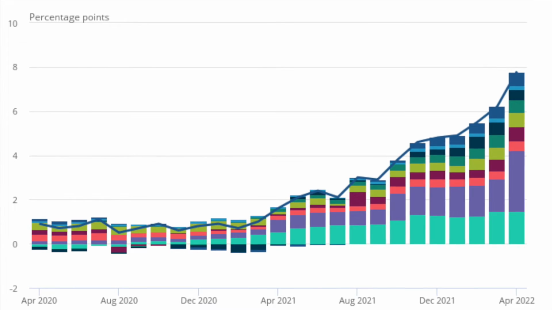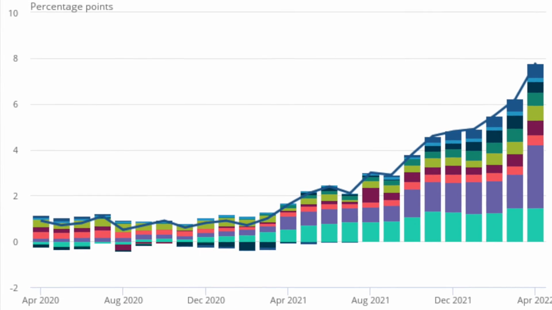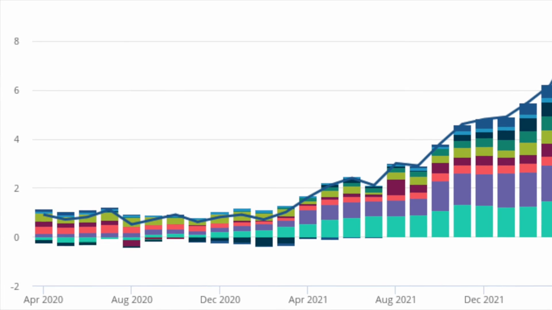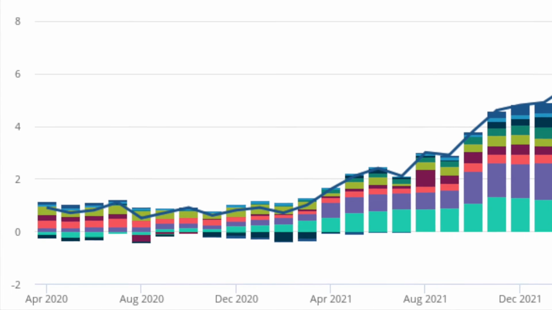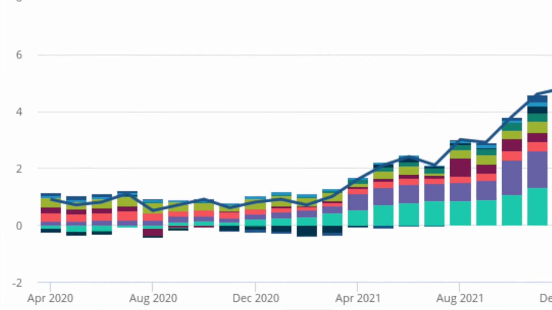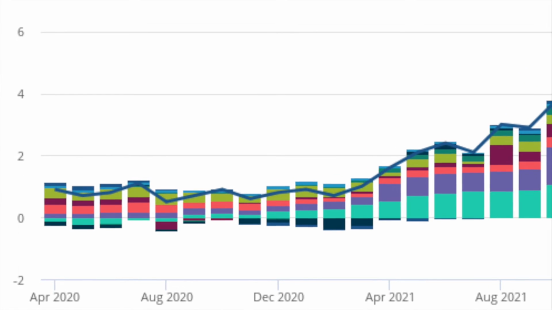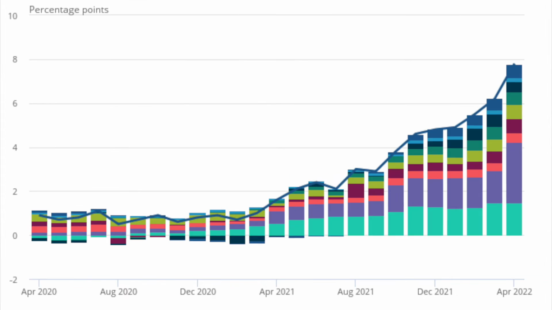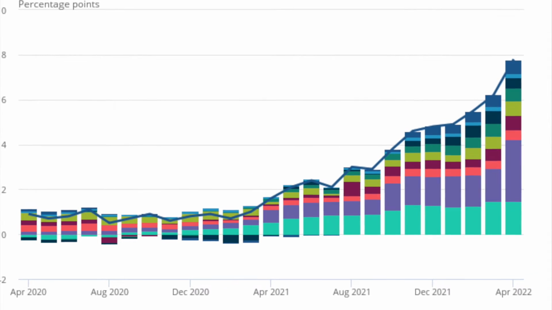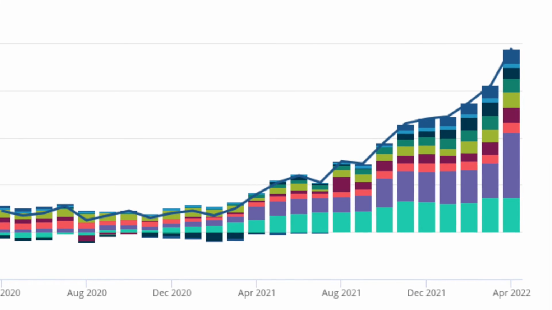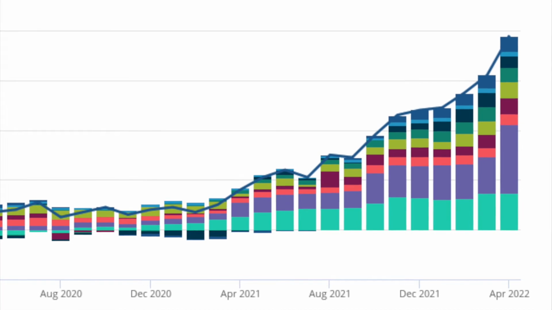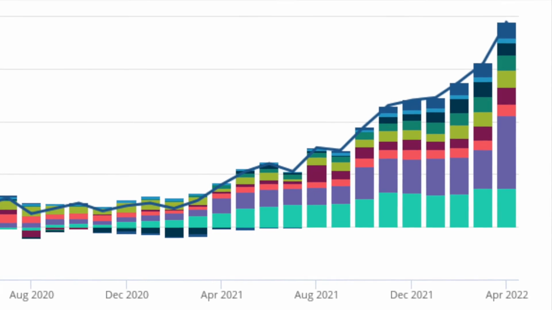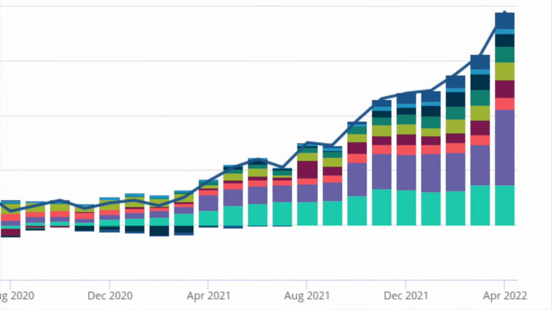So you'll notice from the graph that from around Q1 2020 to Q1 2021, the government in the UK is sitting nicely just underneath its target of 2% inflation. But then you can see as we move into Q2 2021 that the effects of COVID start pushing inflation up.